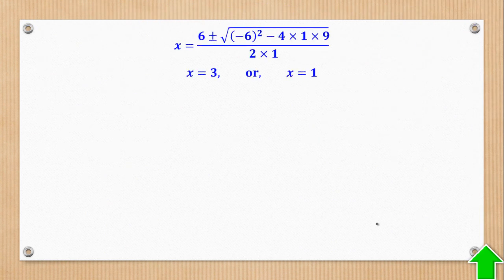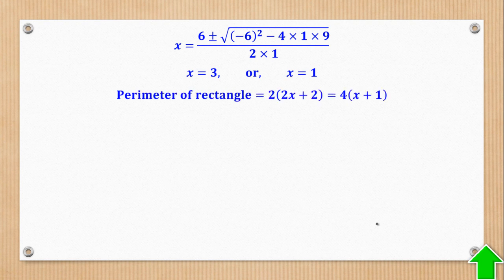So now let's see how to solve the quadratic. You can use the quadratic formula and get the 2 values of x. Then the perimeter is given by that expression. So how did we get this? We know that width is x and length is x plus 2.